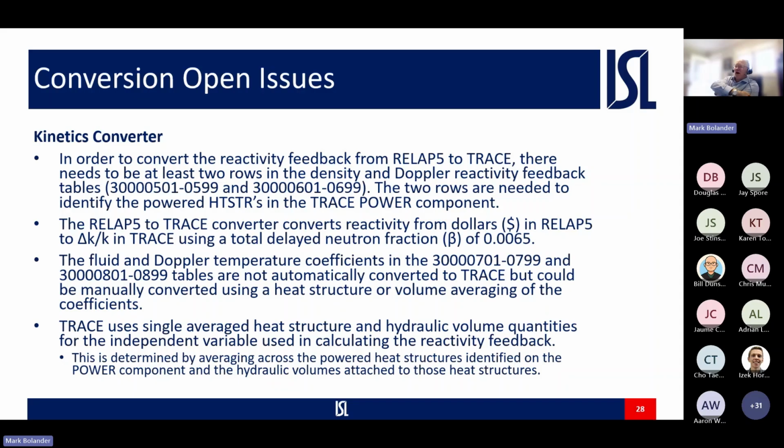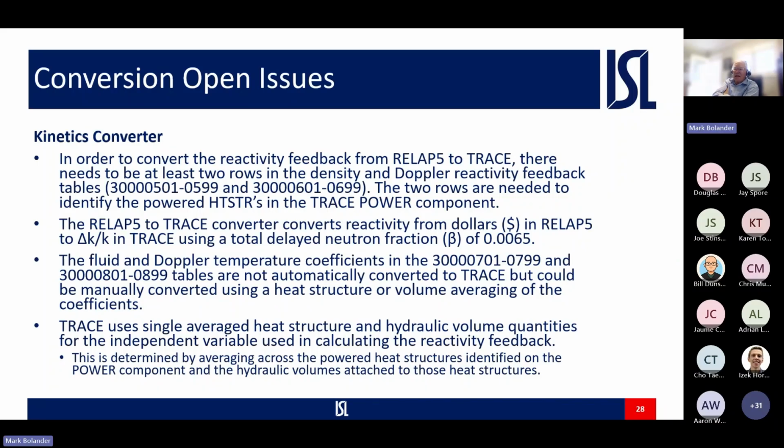The fluid and Doppler temperature coefficients in the 701 to 799 cards and the 801 to 899 tables in RELAP are not automatically converted to TRACE, but you can convert these manually using heat structure or volume averaging of the coefficients.